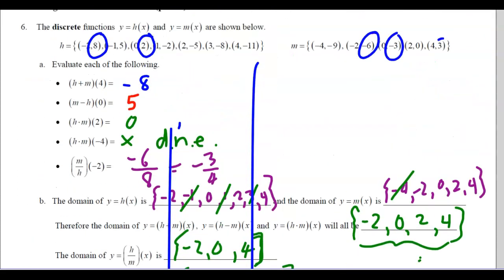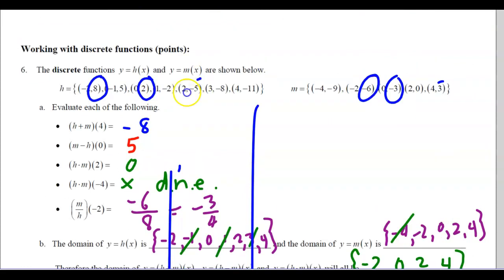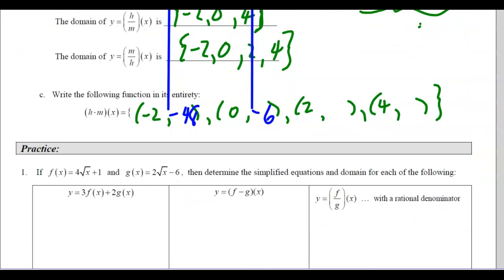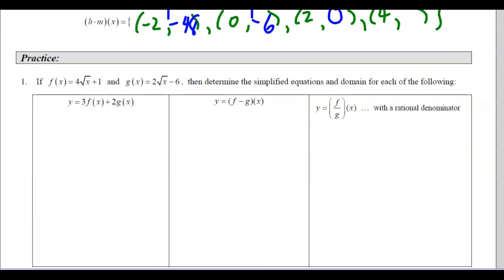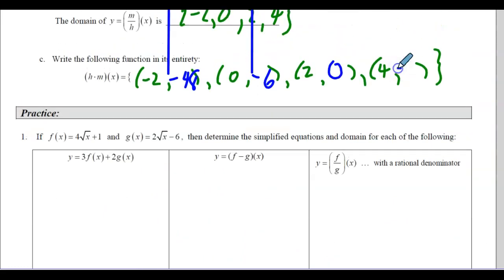Then when x is 2, that's negative 5 and 0, so that's going to be 0. And then when x is 4, that's negative 11 and 3, so negative 33. Okay, so now you can continue with the practice.